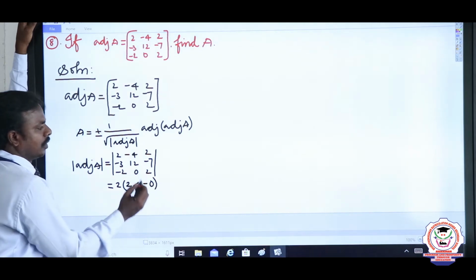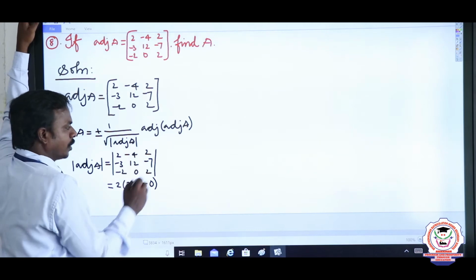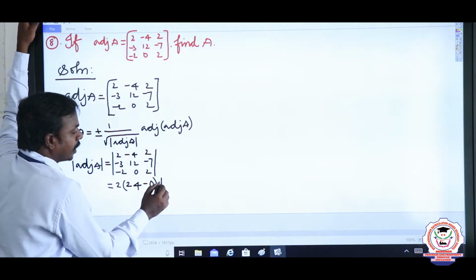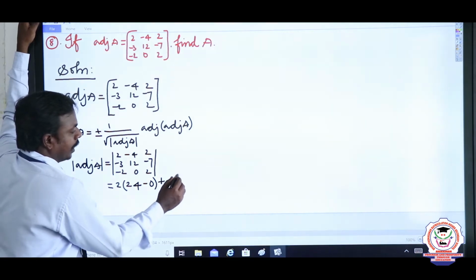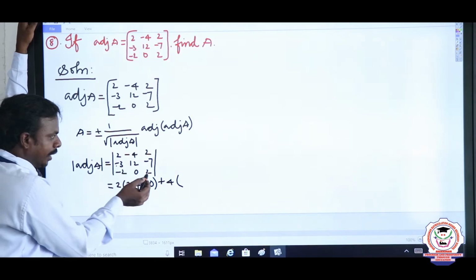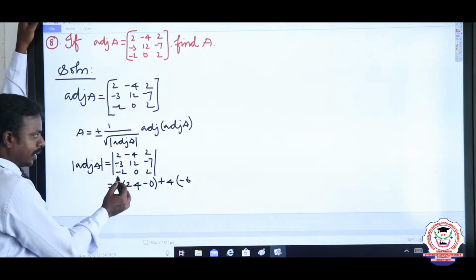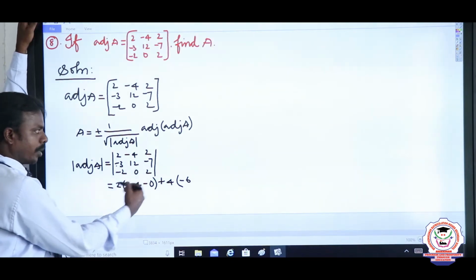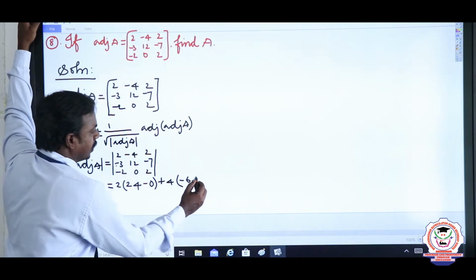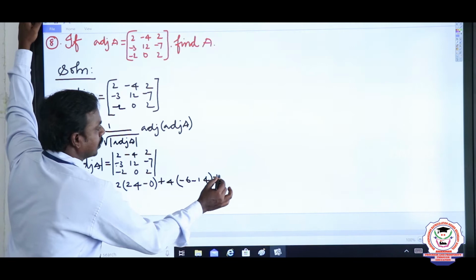For the center value of the first row, we should keep minus, and already one minus is there, so minus to minus plus 4. Omit the first row and second column: minus 3 into 2 is minus 6, and minus 7 into minus 2 is plus 14, so minus 6 plus 14 gives minus 14... another minus should come: 2 sevens are 14, minus 14. The last value plus 2.